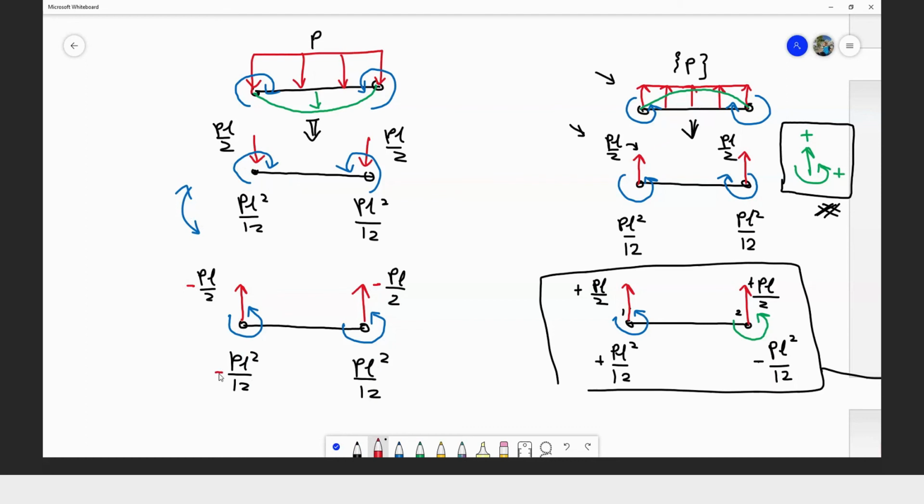So we will have negative PL squared over 12 on the left hand side. On the right hand side, the moment, which is the same as this one, will remain the same. So only one positive value for the force and moment.